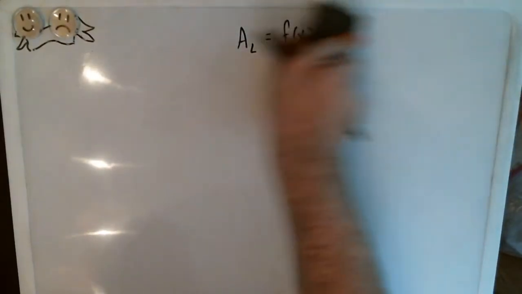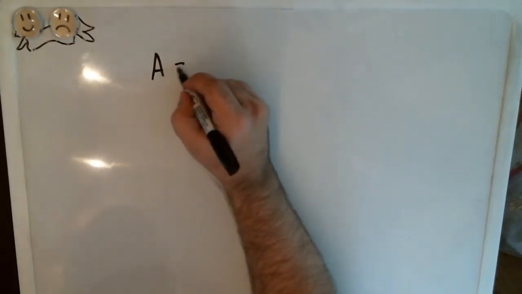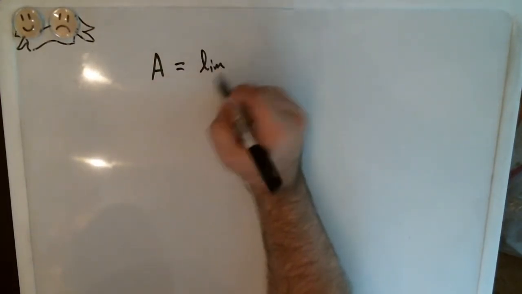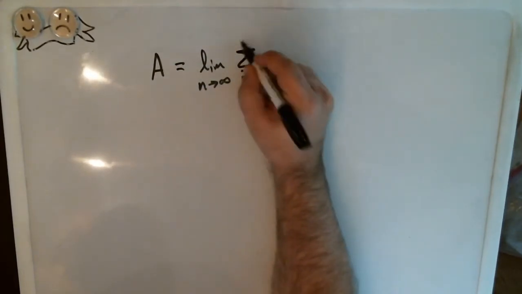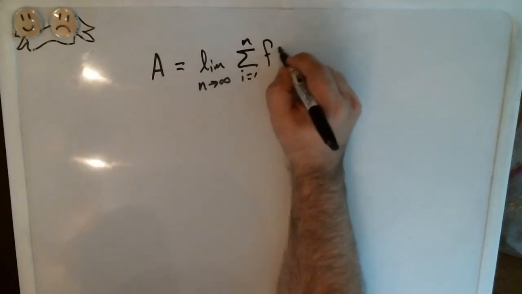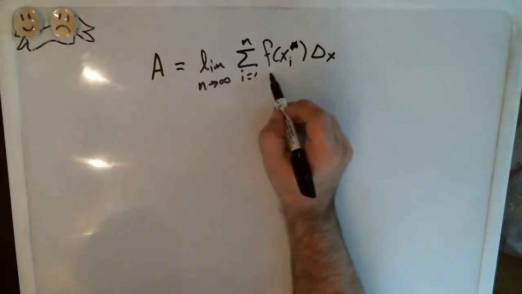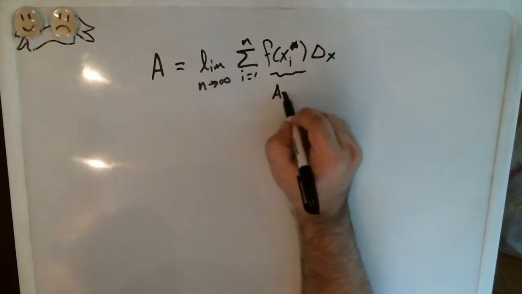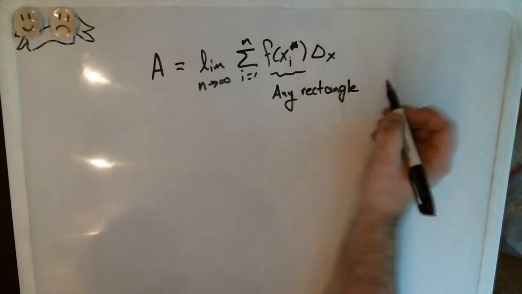What the actual area under the curve is, according to Riemann, is I can take the limit as n goes to infinity of the sum from i equals 1 to n of f of x sub i star delta x. Now, what this means is any rectangle height.